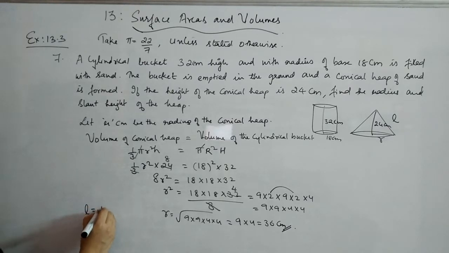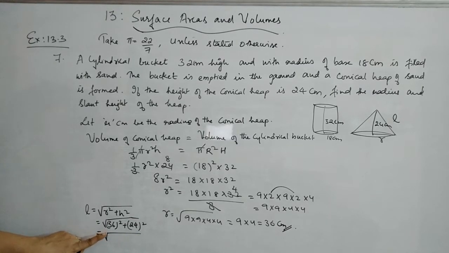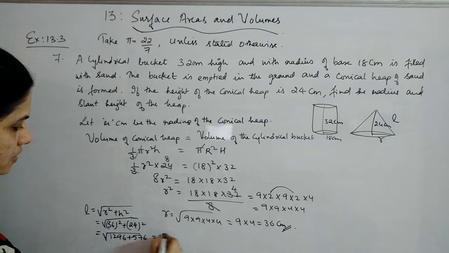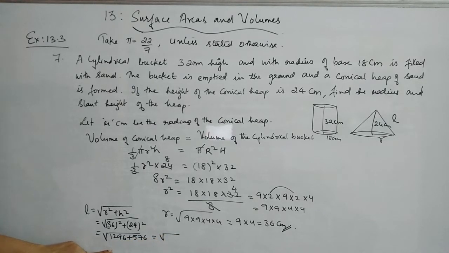L is equal to root of R square plus H square, which is equal to root of 36 square plus 24 whole square. Now 36 whole square is 1296 and 24 square is 576. 1296 plus 576 gives you root of 1872.